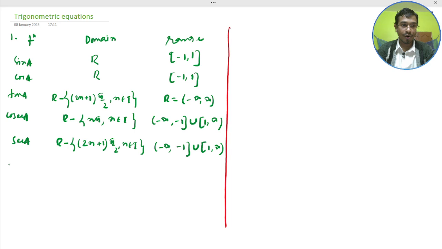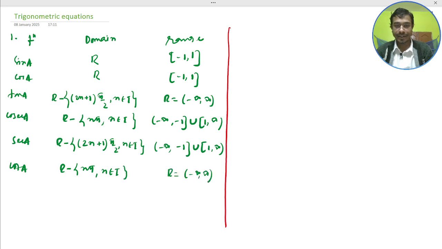And last one, for cot A, the domain is R minus n pi, n belongs to I, and the range is minus infinity to infinity. And for mod sin A, it should be less than or equal to 1, and for cos A, that also should always be less than or equal to 1.